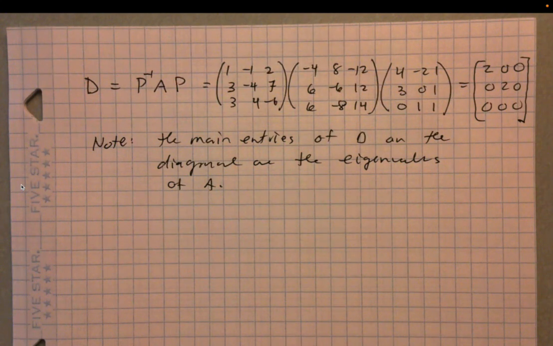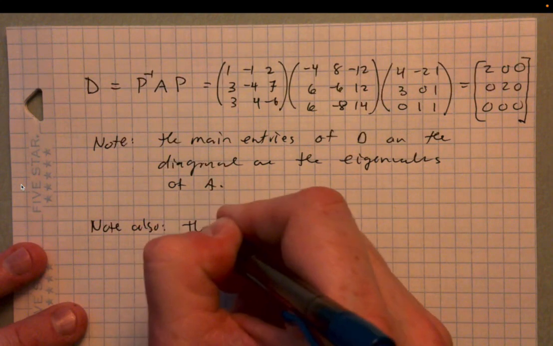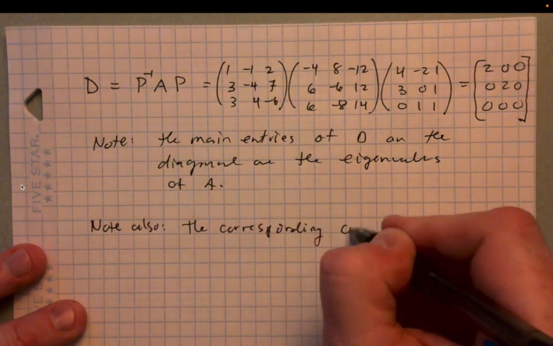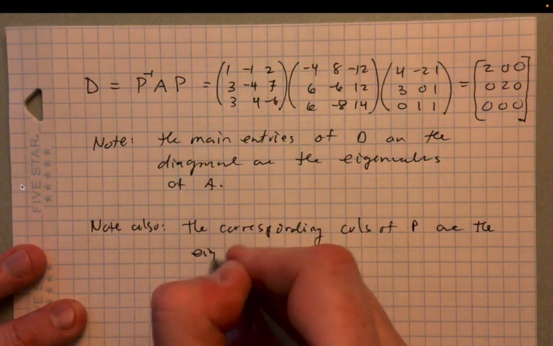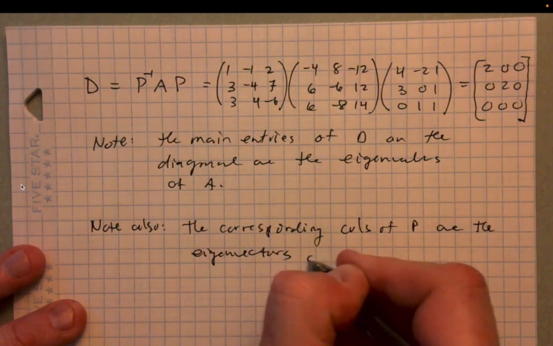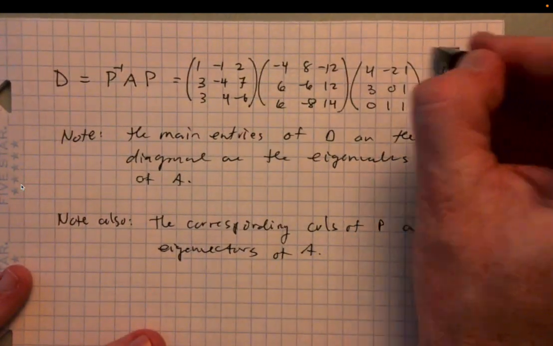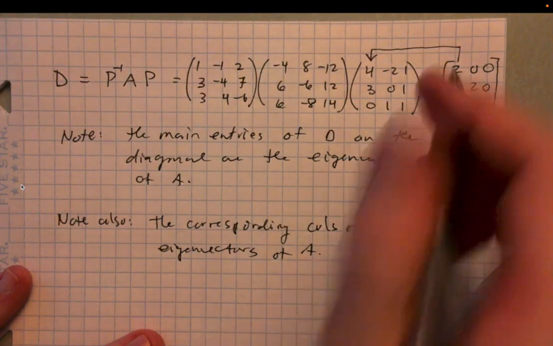Now, notice also that the corresponding columns of P are the eigenvectors of A. So this one here goes with the eigenvalue 2.